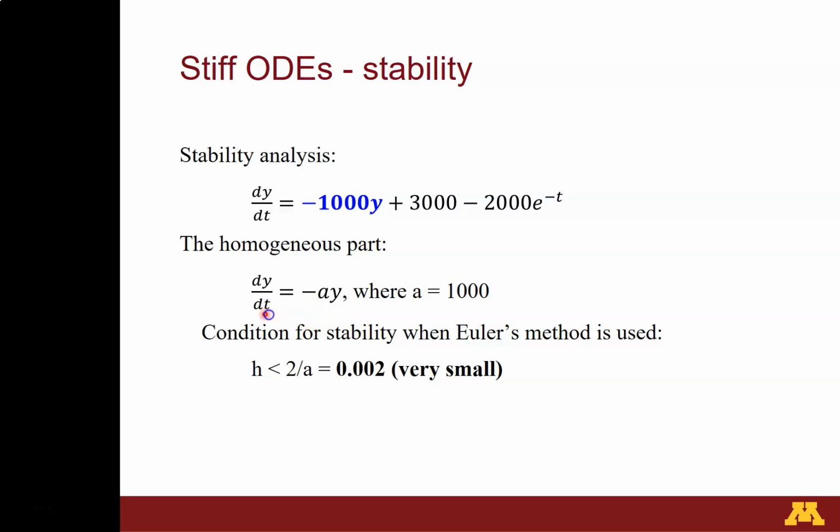So this form is similar to the stability formula for the Euler method in the previous slide. So the condition for stability when the Euler method is used is here: h less than 2 over a. You see, this is a very small step size. h must be less than this if you want it to converge. Otherwise, it's not stable.